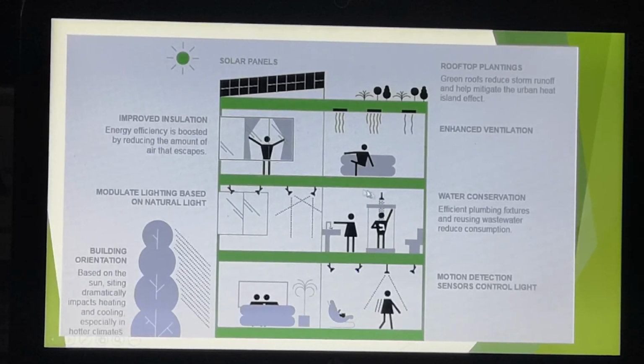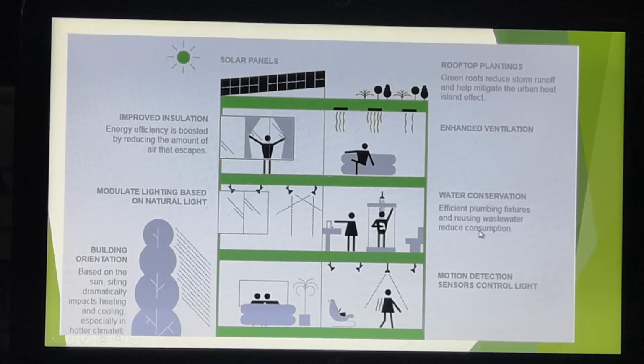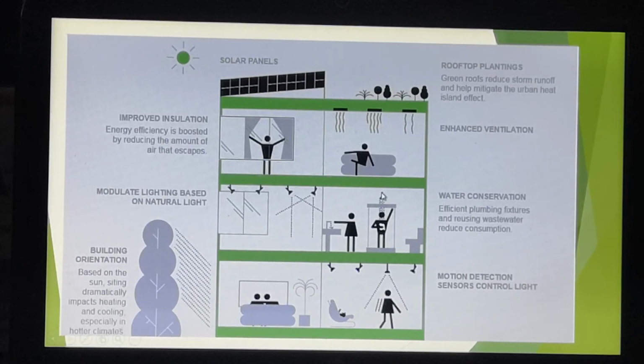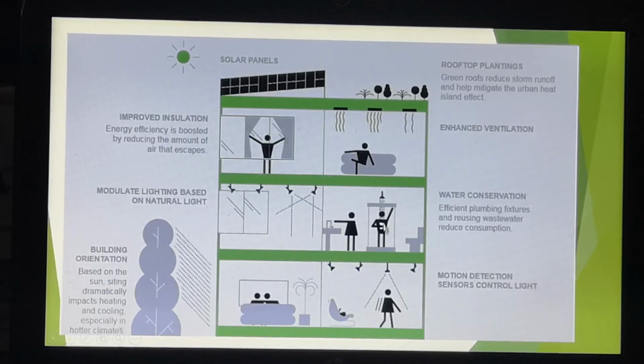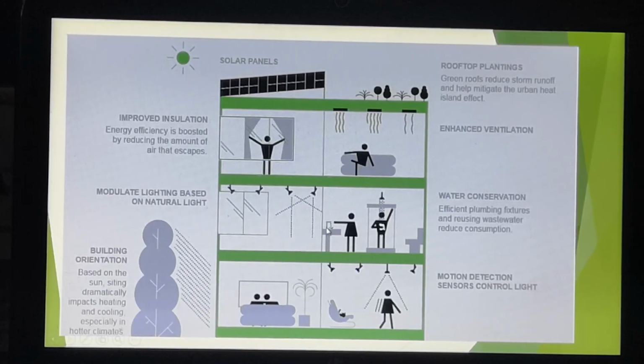Okay, so we go to water conservation. You see this, if you're using efficient plumbing fixtures and reusing waste water, it reduces consumption. So you see using a shower head, and also this one I can call an automatic sensor.